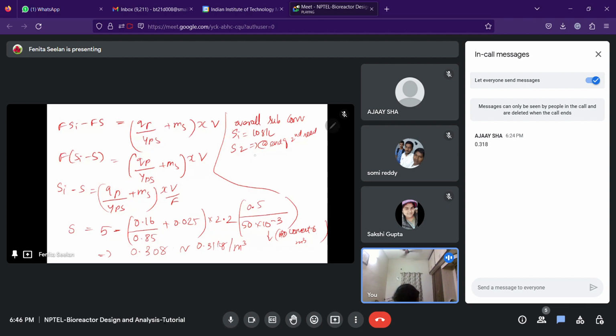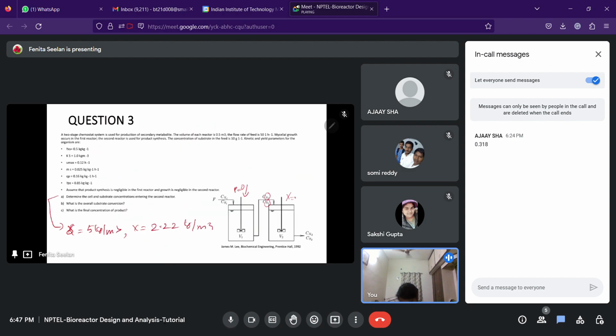When it reaches the end of the second reactor, it would have converted to 0.31. So now we can calculate the overall substrate conversion. So 10 minus 0.31 divided by your initial, into 100. So it will be 97, right? 97% of your substrate has been entirely converted in your second reactor. The overall conversion is 97%.